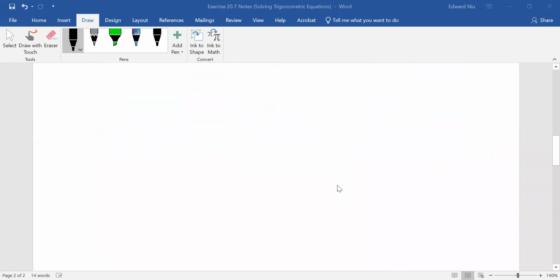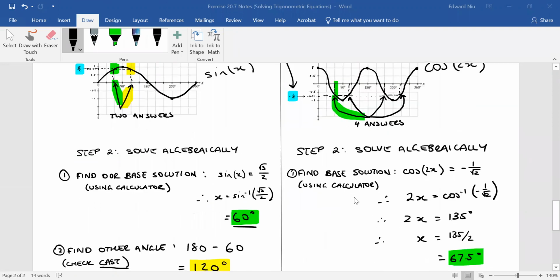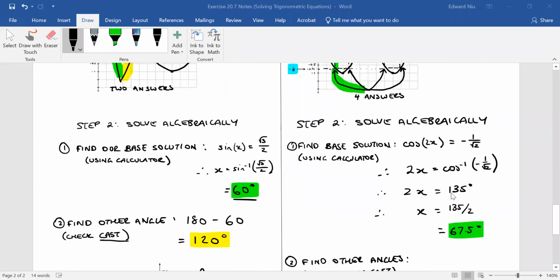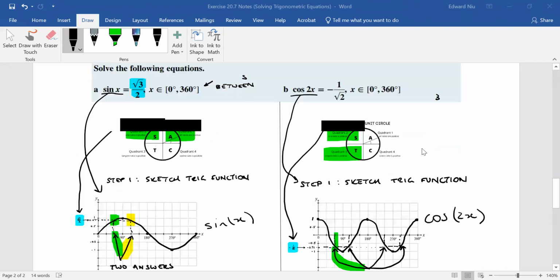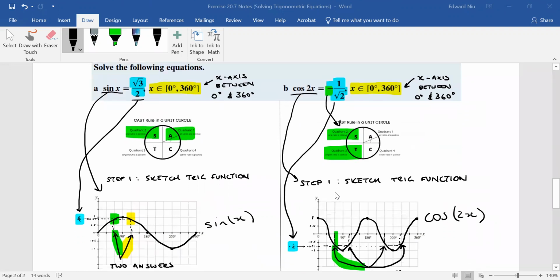Okay, and we know cosine is negative in quadrant 3 as well. So this 135 was already covered off in quadrant 2. So the next answer must be in quadrant 3 before we halve it. Okay, so once we halve it, it's going to be in another different quadrant, and that's fine.